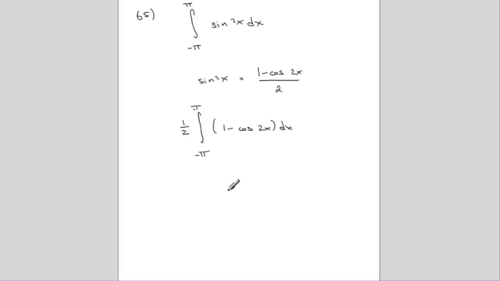Now we can integrate that. We'll have 1/2. The integral of 1 dx is just x. The integral of the cosine of 2x is the sine of 2x, and we have to divide by 2 to reflect the argument inside the sine. Then we evaluate that between x equals negative pi and x equals positive pi.